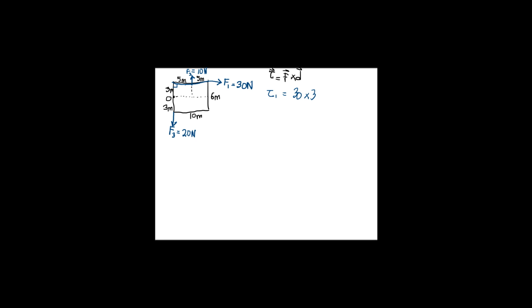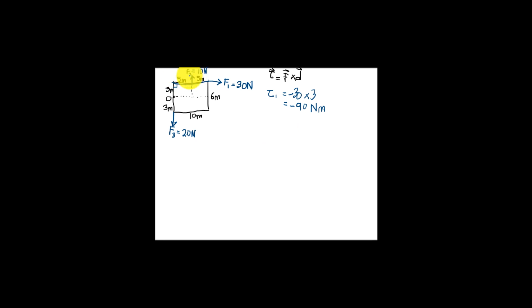So how do we determine which is the positive direction and which is the negative direction? In general, physics decides clockwise is the negative direction. So this torque here is moving clockwise, so it has negative direction. Torque 1 is negative 90. The unit for torque is Newton meter.